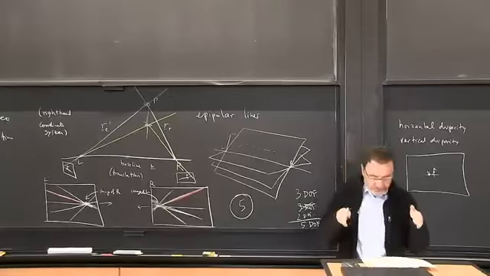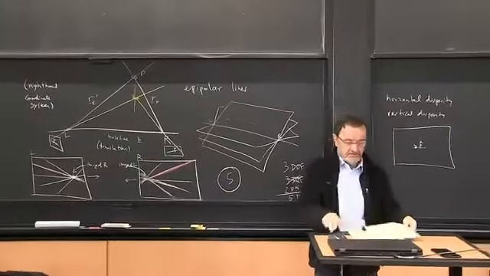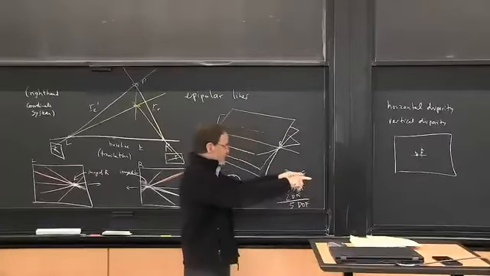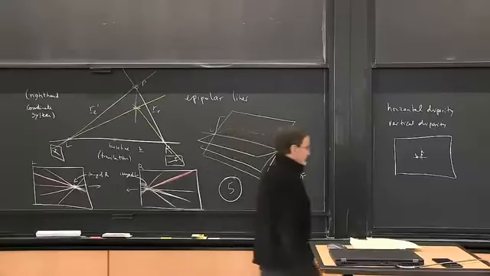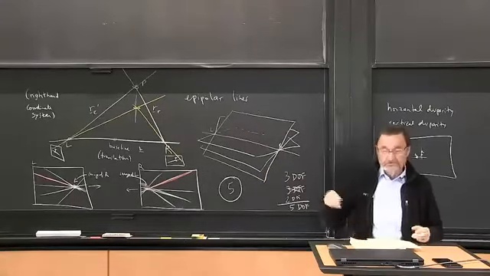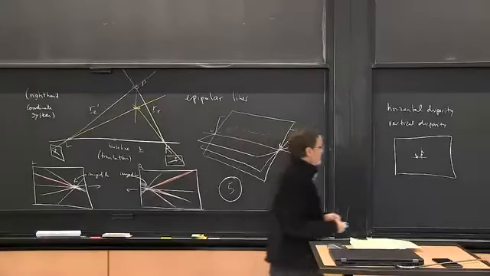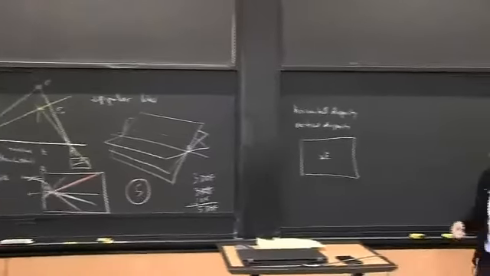If I don't converge my eyes, I just keep my eyes parallel, and then I bring an object closer and closer, then the difference between where it images in the two eyes gets further and further apart. And we started there. We had a formula where the depth was inversely proportional to that disparity. And so that's the horizontal disparity. So that's the thing we're trying to use to get depth.